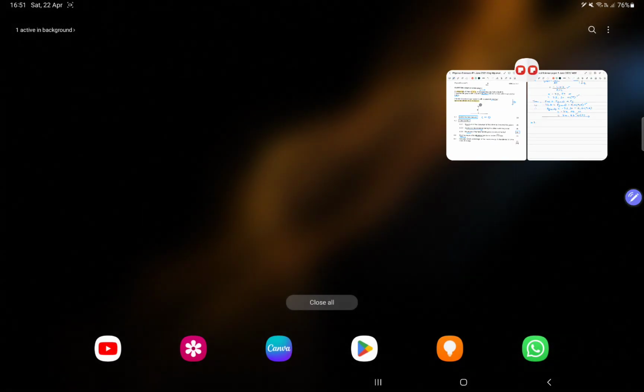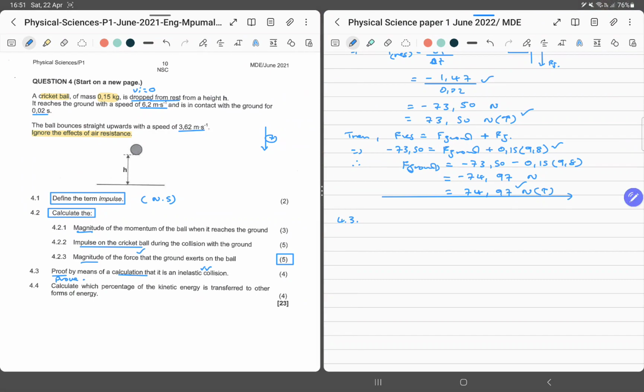So let's do a sum of EK. 4.3 says here, we want to prove, so we can just say sum of EK before collision is half mv squared. Remember, it's just a single object. So this is 0,5 into 0,15 into the initial velocity was 6,2 squared.